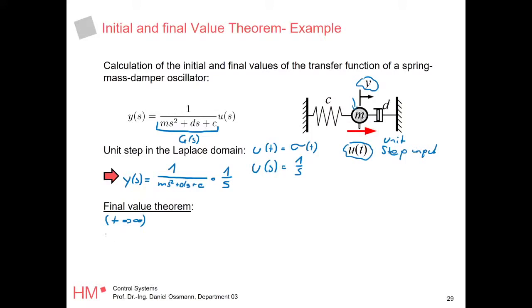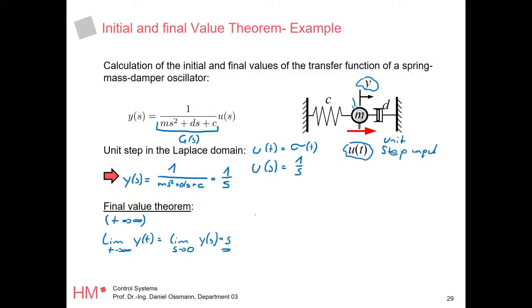Okay, and you remember from the last slide, or I'm telling you, that if you let t go to infinity of your y of t, we need to let s go to 0 of our y of s and multiply it by s, right?